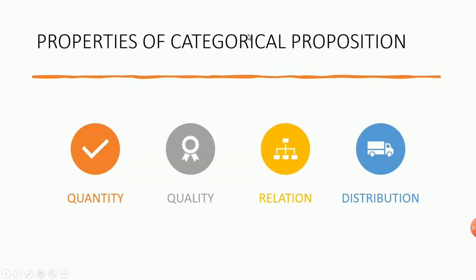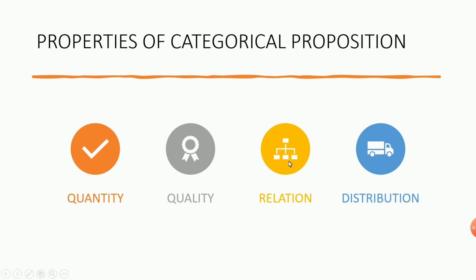For a categorical proposition, these four properties must be there. First is quantity. How many: either all or some or no, these three are quantity. As per the quality, they are attributing a certain element through the predicate to the subject, so that is known as quality.